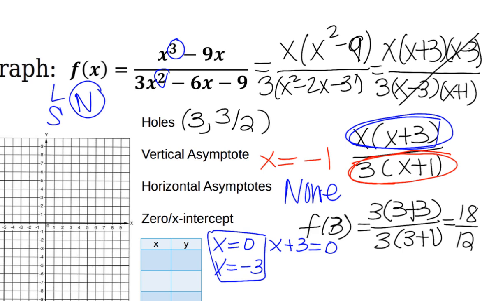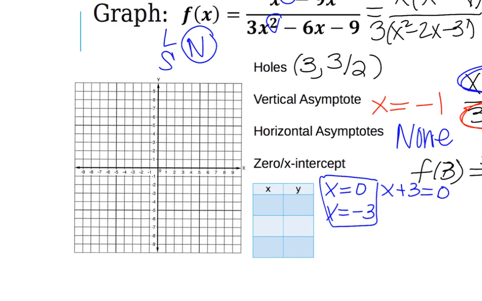So let's go ahead and plot those key features over here. Our vertical asymptote is going to be at x equals -1, so we want our dotted line. And our horizontal asymptote, we don't have, so we don't plot anything.